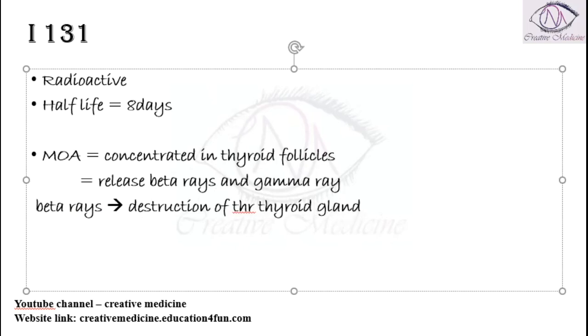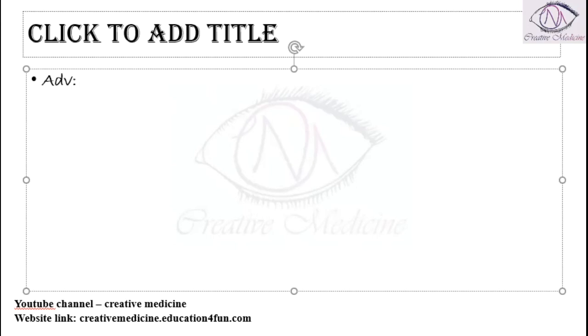Then what are the advantages of using iodine 131? Iodine 131 can be used in older patients of more than 35 years of age. It can be used in coronary artery disease, because in a patient with coronary artery disease, going through surgery is a risk.